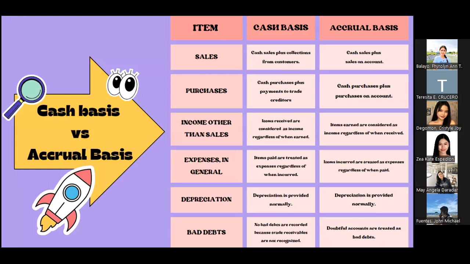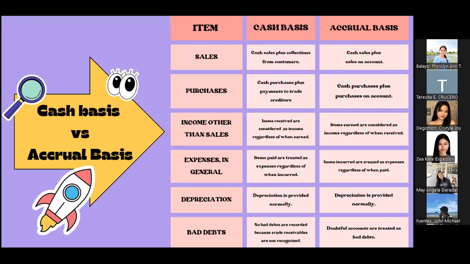Next, income other than sales. Under cash basis, items received are considered as income regardless of when earned. Under accrual basis, items earned are considered as income regardless of when received.